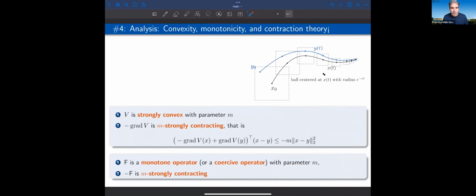And I know that many of my control colleagues don't believe in this, and some in the audience, not everybody may be familiar with contraction theory, but it is truly a very powerful theory that I want to advertise, just like Zara did before me.